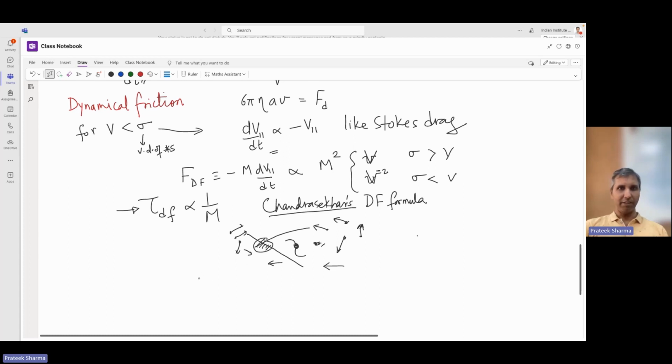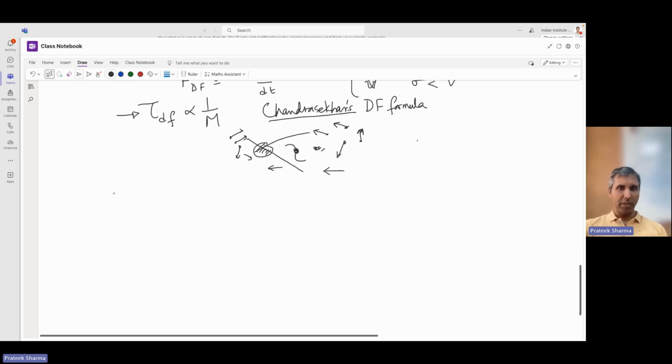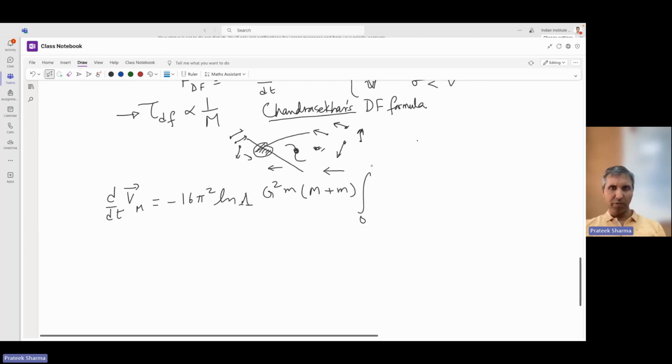Oh, in fact, I have written down the Chandrasekhar formula. Let me just write it down. So dVm/dt, the rate of change of velocity of mass m, is equal to minus 16 pi squared log lambda G squared m (M plus m), times the integral from 0 to Vm of f(v_m) v_m squared dv_m.